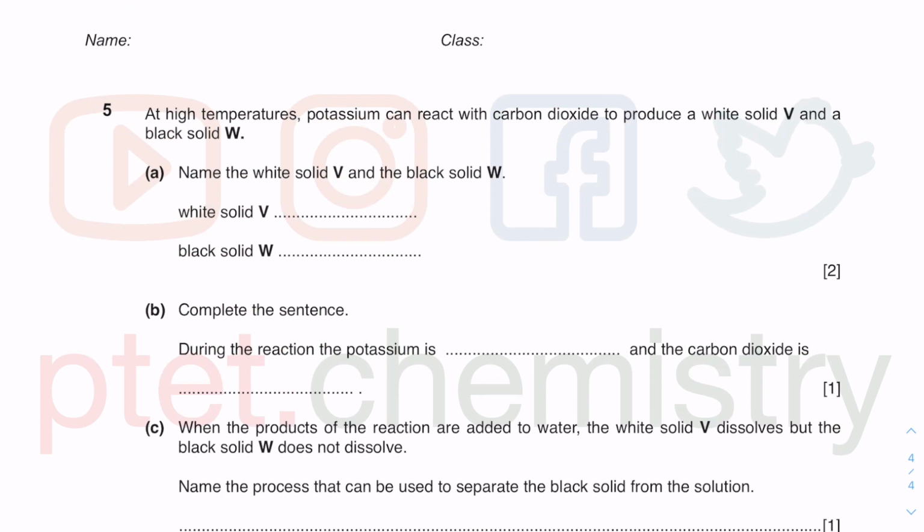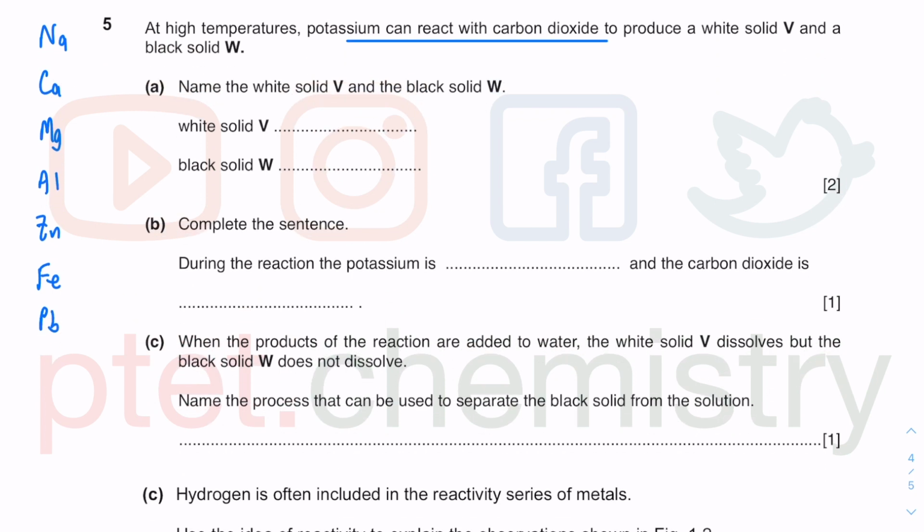So this next question: at high temperature, potassium can react with carbon dioxide. That is because of the reactivity series, where you have the zinc, and then iron, with the symbol Fe, and then lead, with the symbol Pb.